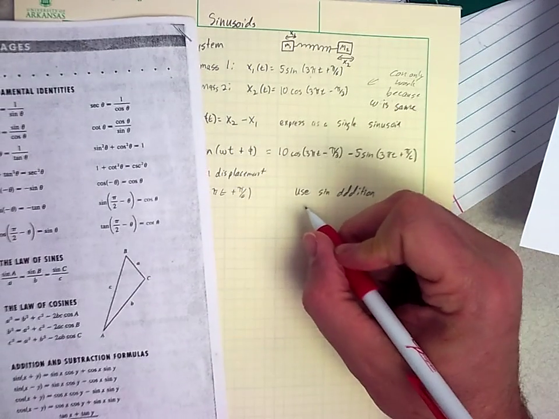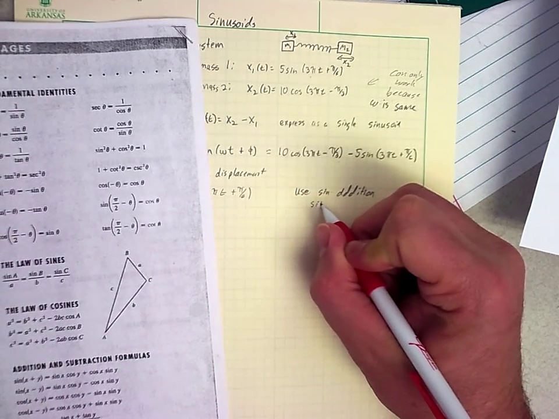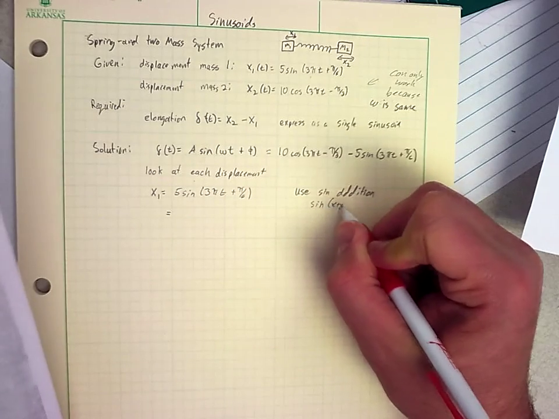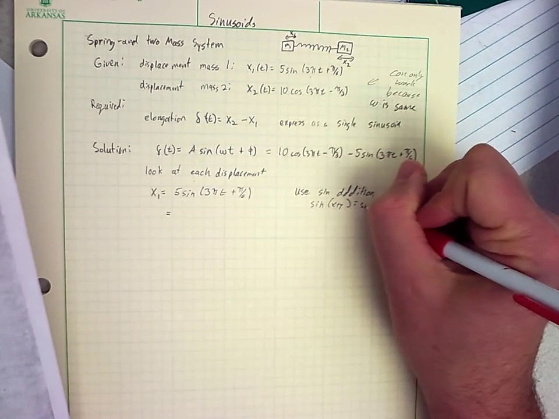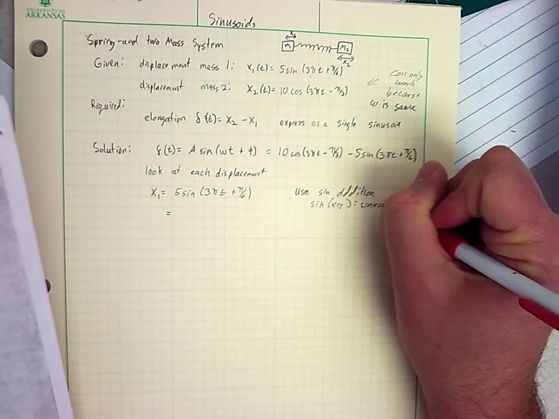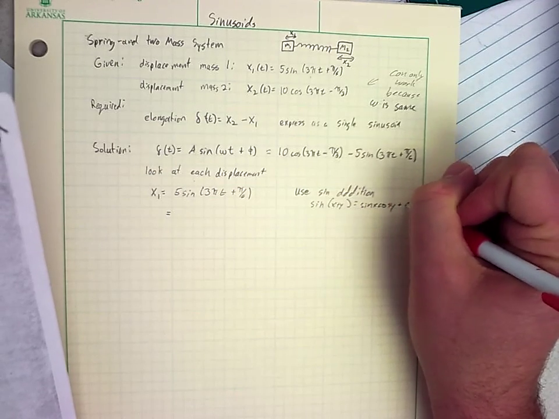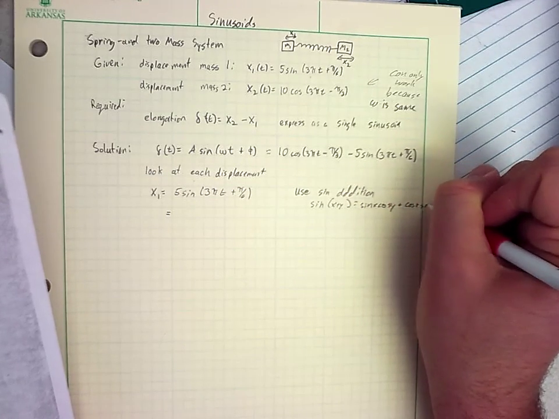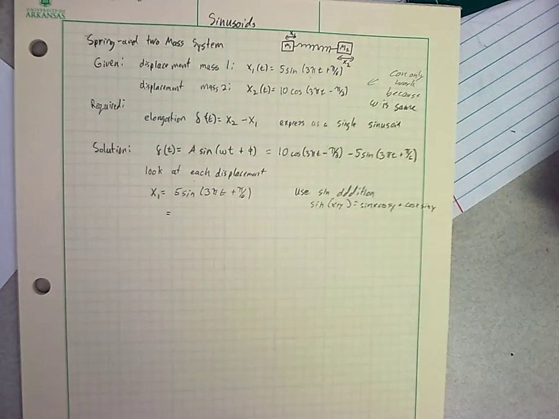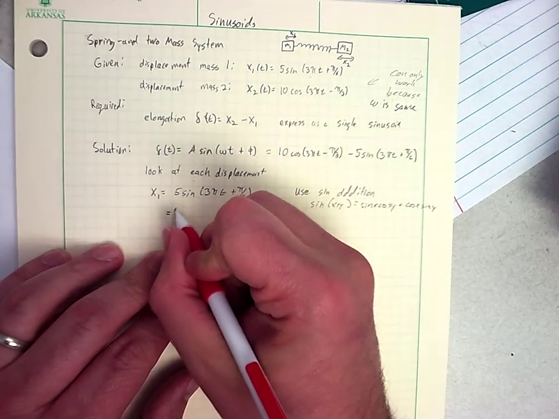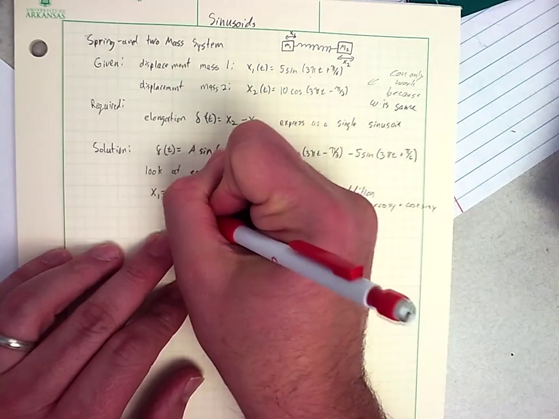Sine addition tells us that sine of x plus y equals sine x cosine y plus cosine x sine y. So this can be rewritten, we're going to have this factor of 5 out front.